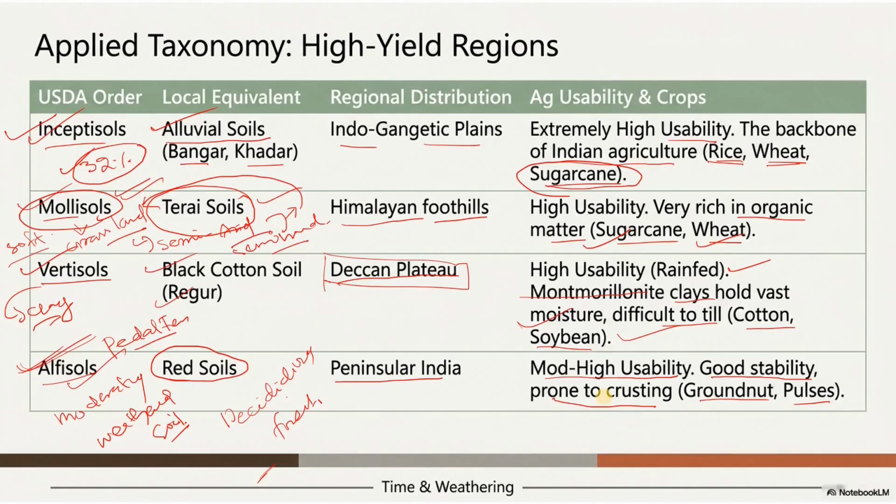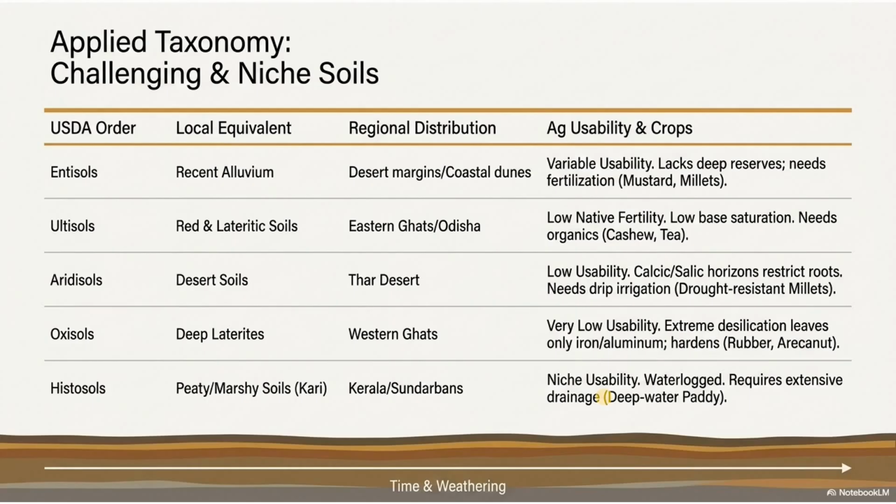Okay, let's come to the next slide. Here we have the Entisol, the recent alluvium. Which are the recent alluvium? We call this alluvial soil, and these are the recent alluvium.